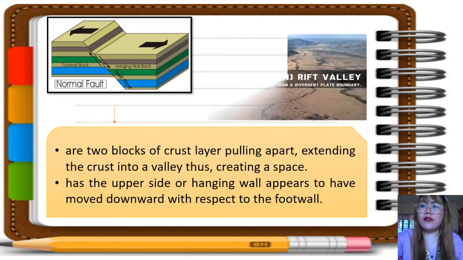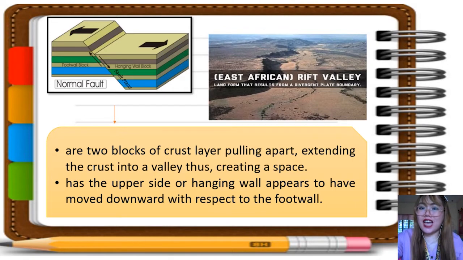A normal fault has the upper side or hanging wall appearing to have moved downward with respect to the footwall. The Basin and Range Province in North America and the East African Rift Zone are two notable districts where normal faults are spreading apart Earth's crust.